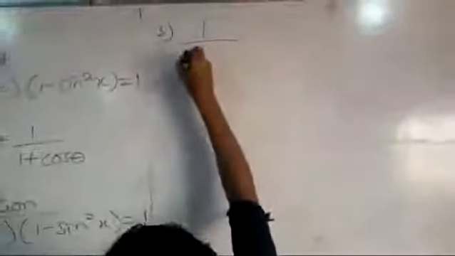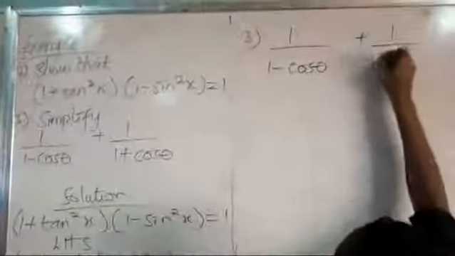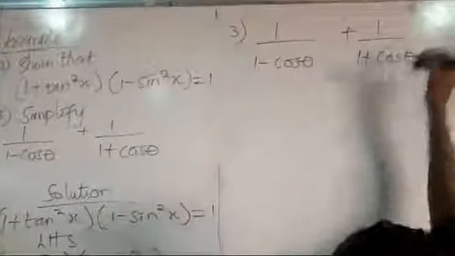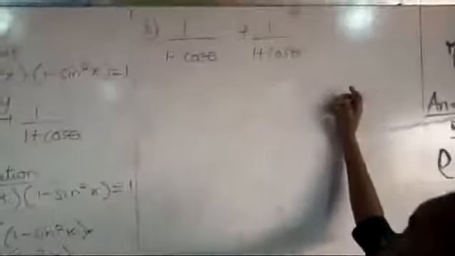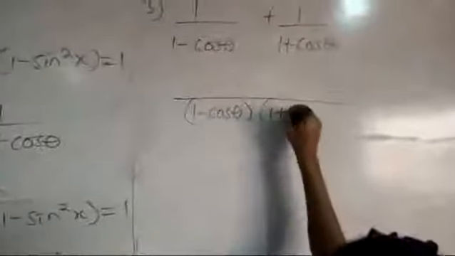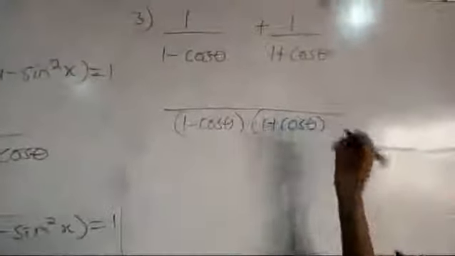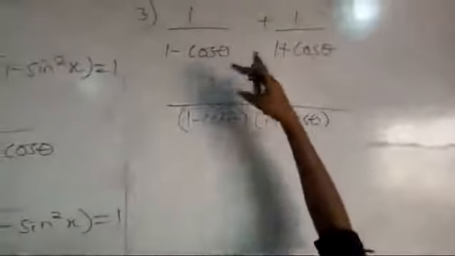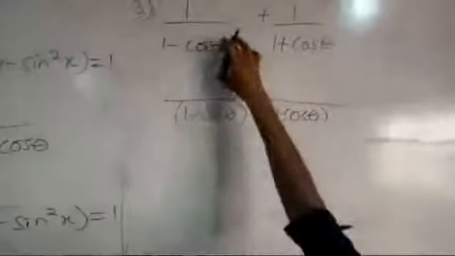Alright, number 3, we want to simplify 1 over 1 minus cos theta plus 1 over 1 plus cos theta. In this case, because we have fraction, what you do is just to find the LCM. And to find the LCM of a number, you check the denominator, you just multiply them. So you have 1 minus cos theta times 1 plus cos theta. 1 minus cos theta in this, that means this takes care of all of these.